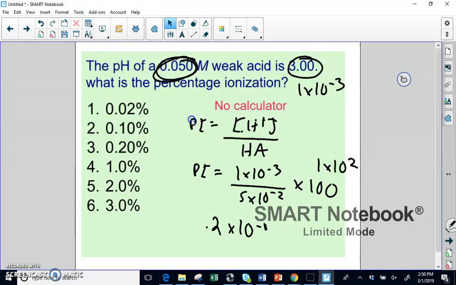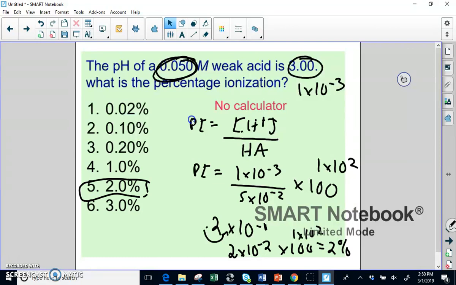Now this number here is not in scientific notation, so we have to move the decimal over one more, and that gives us 2 times 10 to the negative 2. Then we multiply by 100, which in scientific notation is 1 times 10 to the second. 2 times 1 is 2, and exponents add, and these add to 0. So the answer is 2%, or with sig figs 2.0, but it doesn't matter because it's multiple choice.